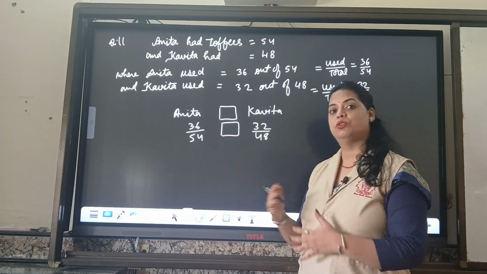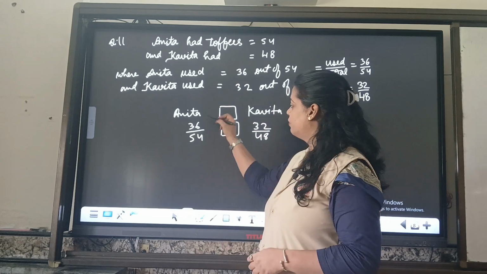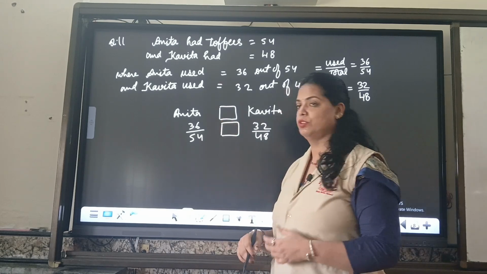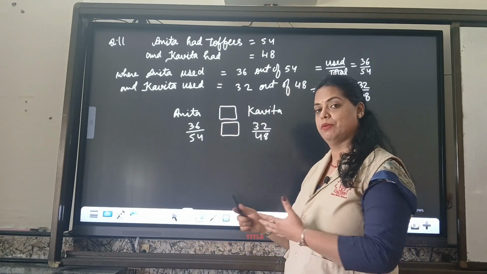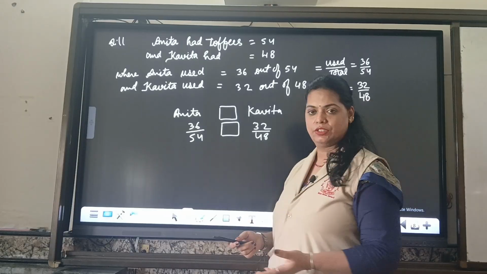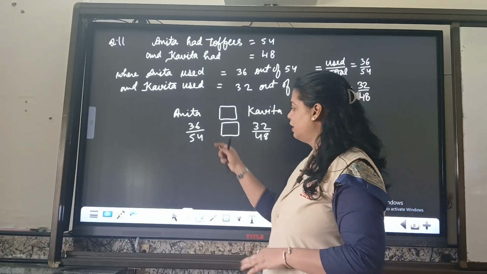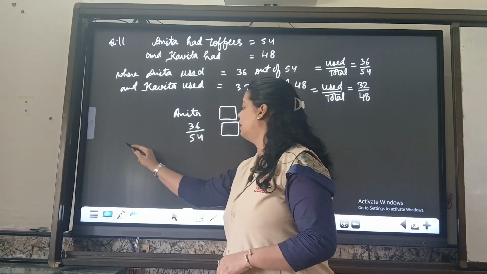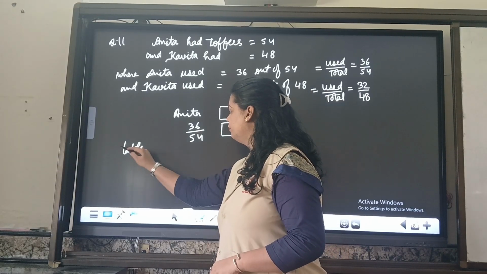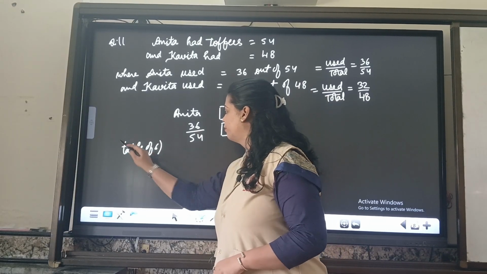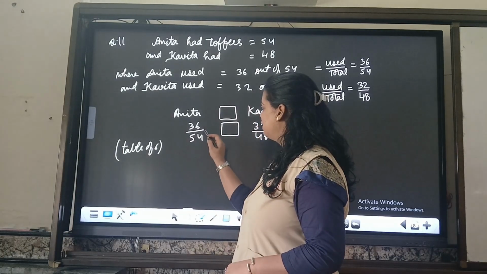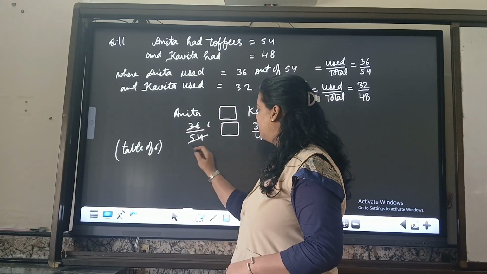So we will reduce these terms. First we will try which number we can use. Most students want to take the table of 2, and the table of 6 they can also use. So it is your choice. For your convenience, I am taking the table of 6 for this number. So it will divide 6 times and 9 times.